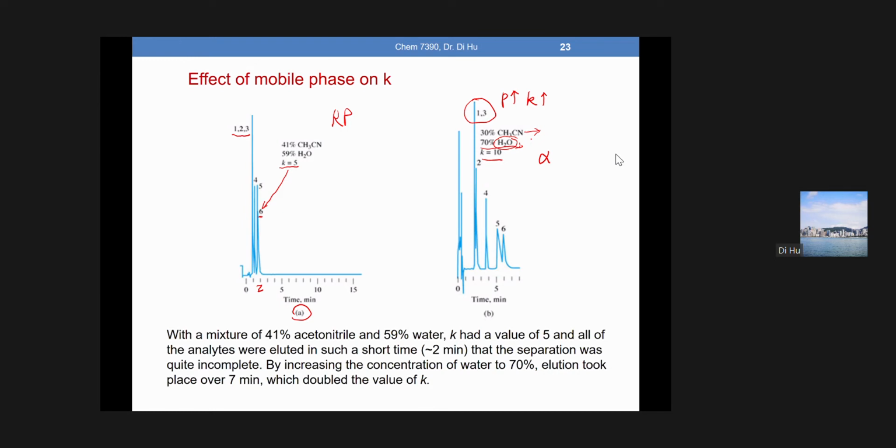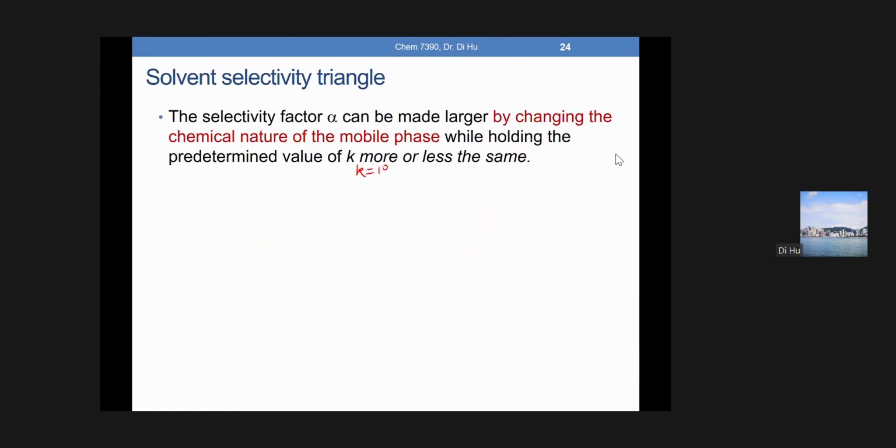You can even use a combination of more than one organic modifier. So by changing the chemical nature, we keep K the same. That means we are going to change the organic modifier in this mobile phase.